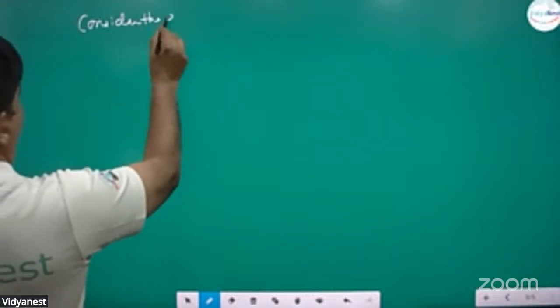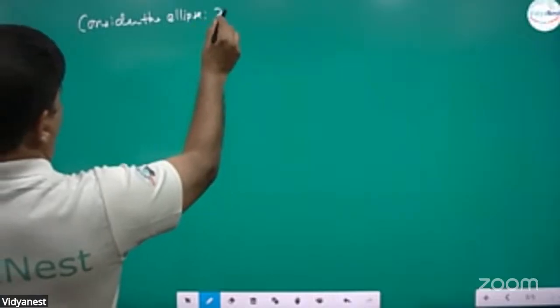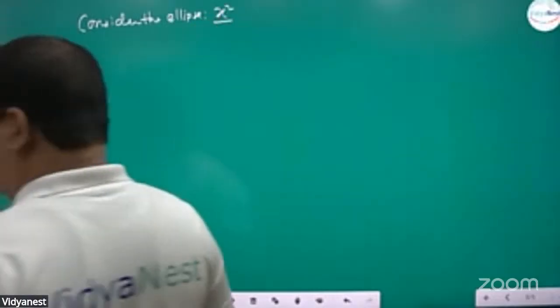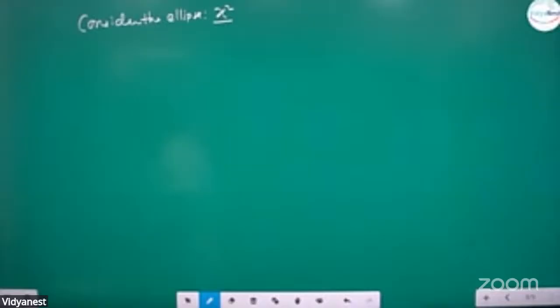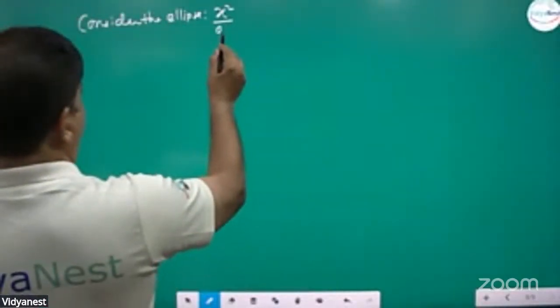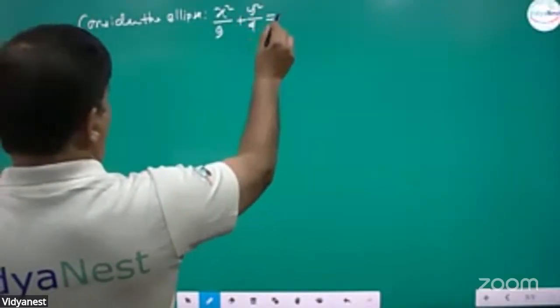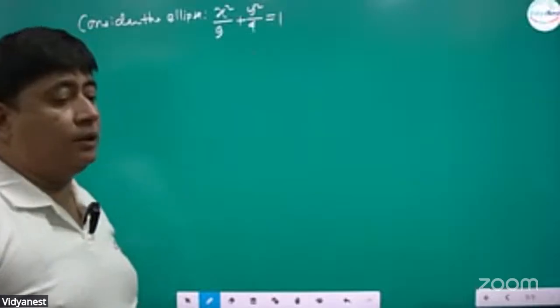Consider the ellipse x square by 9 plus y square by 4 is equal to 1.